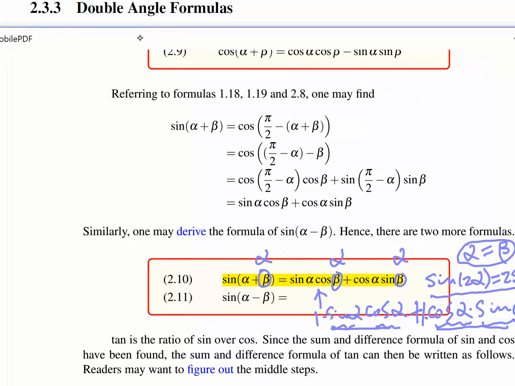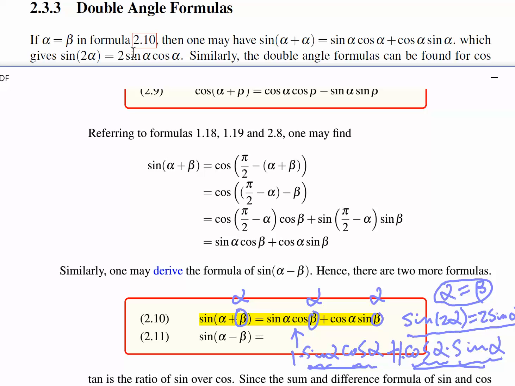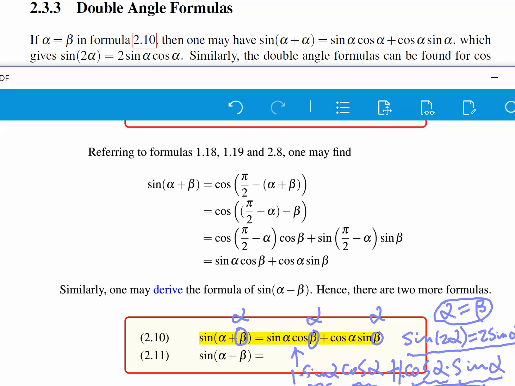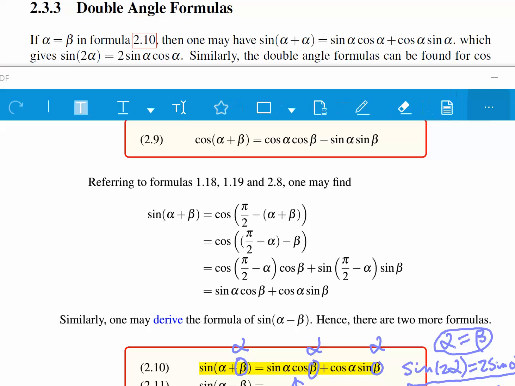For cosine 2 alpha, we consider the one right here. We may let this one be alpha, this one alpha, this one alpha, this one alpha. So alpha times alpha will be cosine 2 alpha.